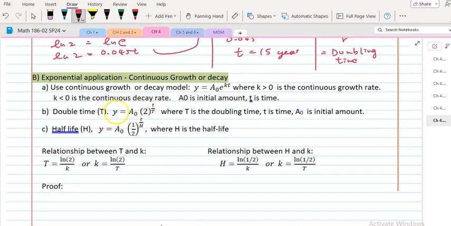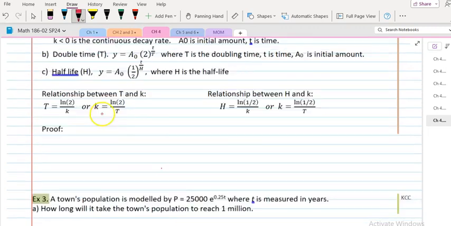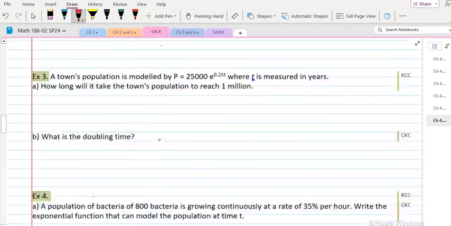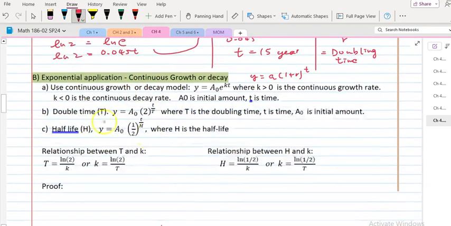If you know your doubling time, the number is A0 times 2 to the t over the doubling time. If you know the half-life, y is A0 times 1 over 2 to the t over h. So in the next video, we'll talk about how to work on applications related to population and radioactivity.